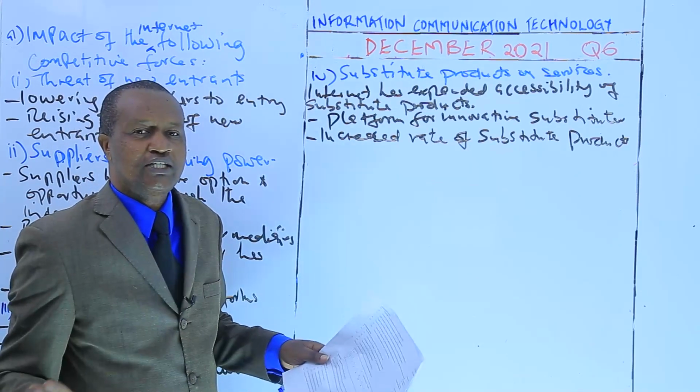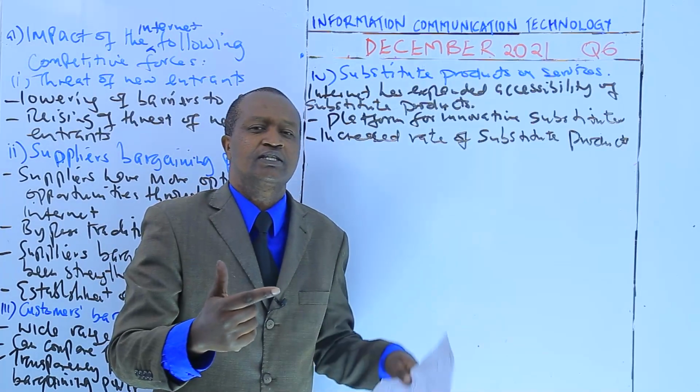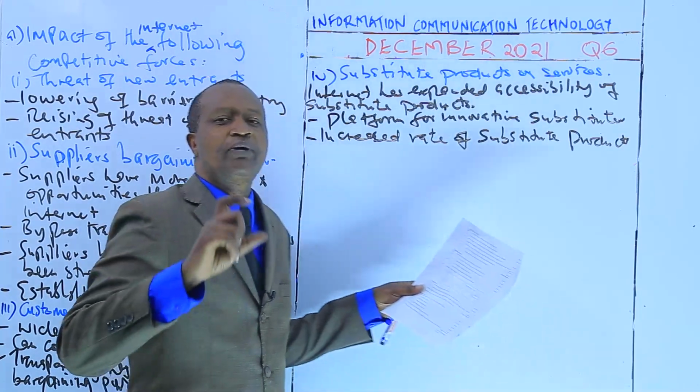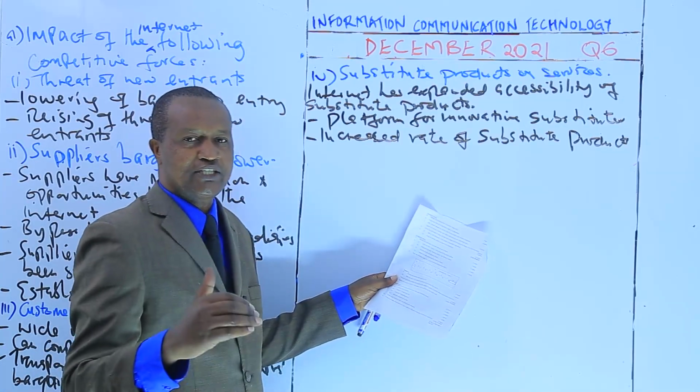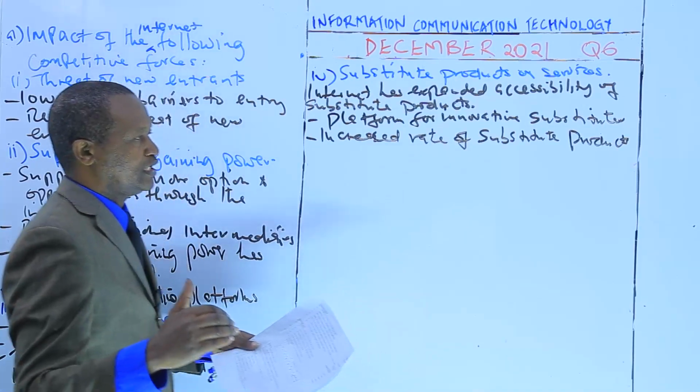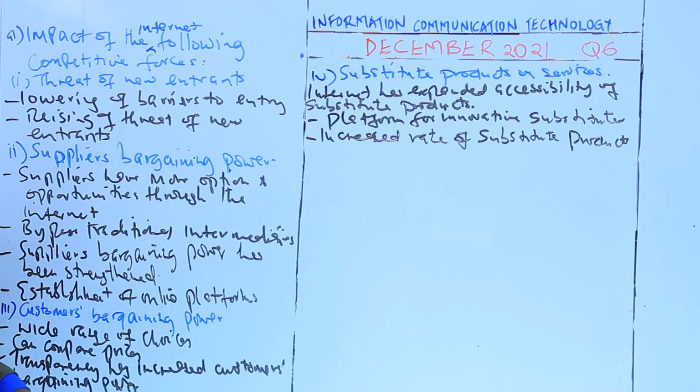So all in all, candidates, the internet has had profound impact on the competitive forces by lowering barriers to entry, as you've seen here, by altering suppliers and customers' bargaining power.